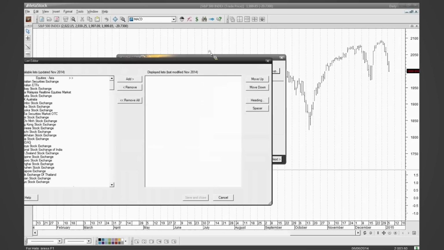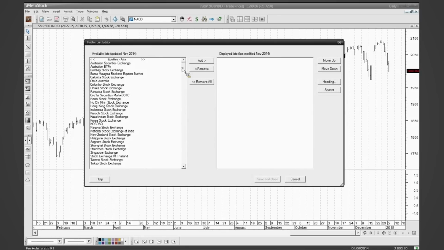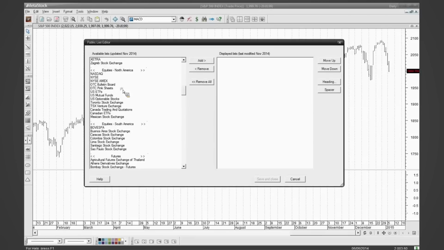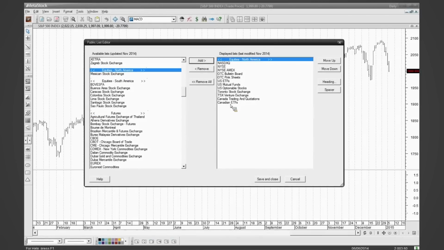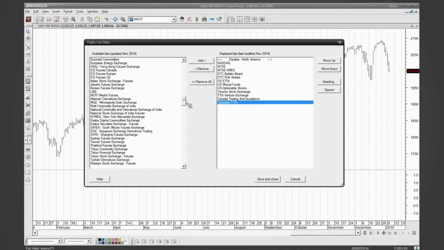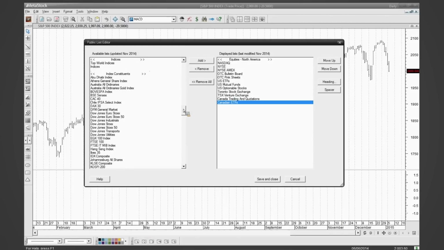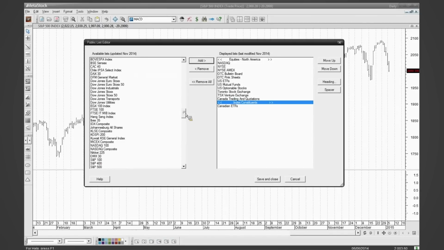And this screen will pop up, so you can customize your view of what you'd like to see. I'm just going to quickly grab North America here, and I'll add that in over there. And then I'll also come down and put in some index constituents, things like the S&P 100, 400, 500, 600.